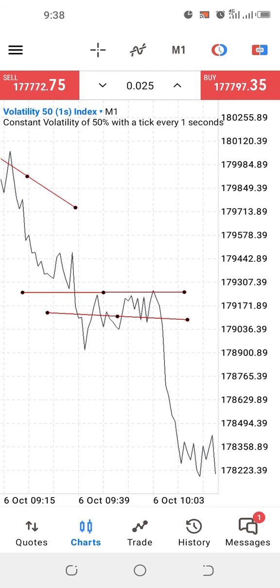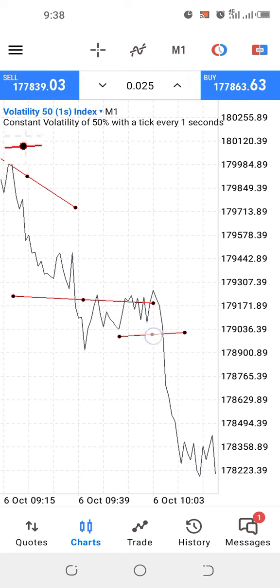Let's go ahead. It takes at least two tops or bottoms to draw a valid trend line, but it takes three to confirm it. So the moment we are able to establish the third one, this is strong confirmation, and it's an indication for us to enter the trade, either downward or upward as the case may be.